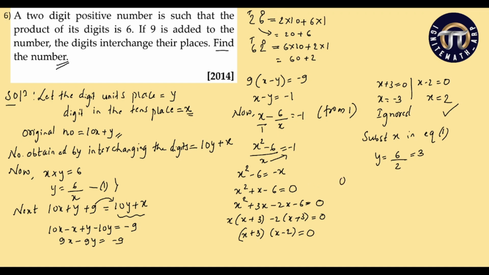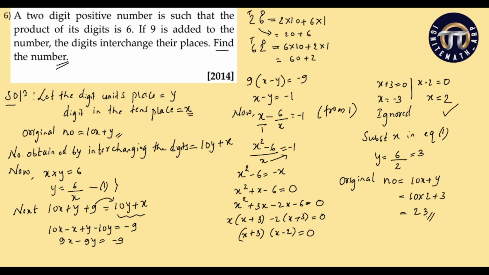So find the number in the sense, the original number I'm supposed to find out. Therefore, the original number is equal to 10x plus y. So that is 10 into 2 plus 3, which is equal to 23. That is the original number, which is the required number. Is it clear, children? Right? So it is a digit related question.